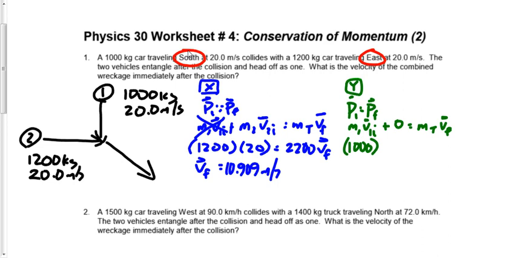How much of that 20 meters per second is y-axis? 20. Except we're going to make it negative because it's down. Caleb, does that make sense? Mass total is 2,200 times VF.